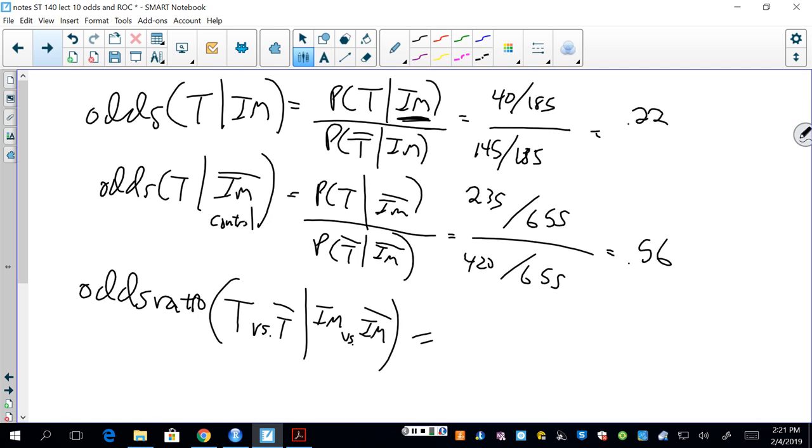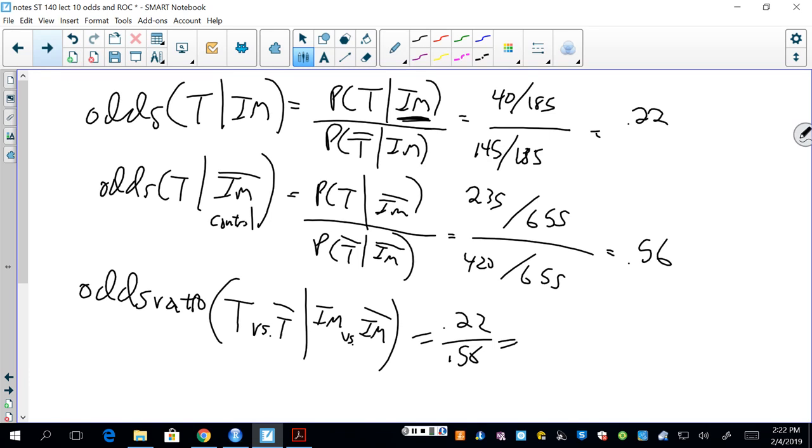It's like, okay, there's two things in the numerator and two things in the denominator. So I always like to specify that it's this versus this in this group versus this group, because then I kind of write everything. It's hard for me to keep track in my mind quite as well without actually writing it up. Maybe that's the difference between going to a statistics or biostatistics program. In biostatistics, you actually learn to think in this a little bit better, right? So it would be the odds for this group versus the odds of this group. So if it is 0.22 or 0.56, the odds ratio would be less than 1 because the odds are higher in this group that we're putting in the denominator.